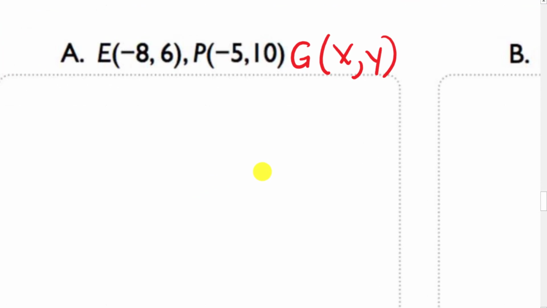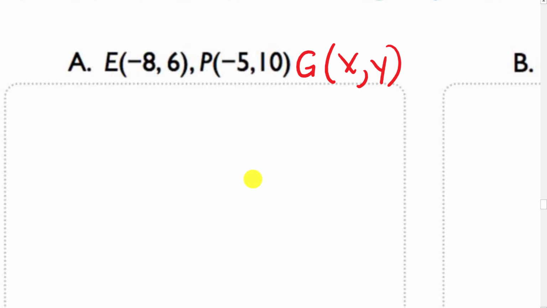Alright, so the way we're going to work this is the same way, because remember our middle. So let's look at x. For x's, our middle is -5. That was our answer before, and we added up the ends. So I'm going to add the ends and divide by 2.